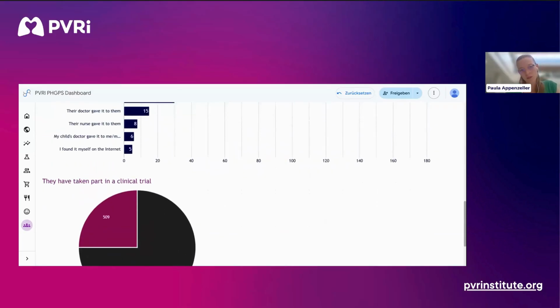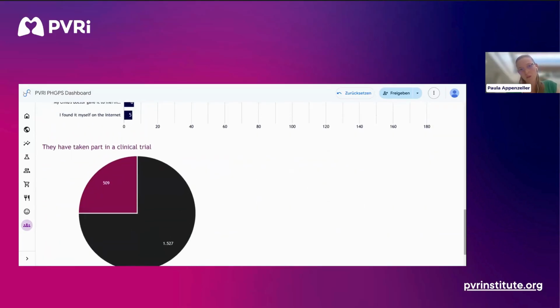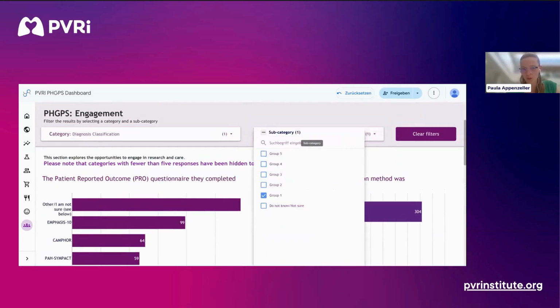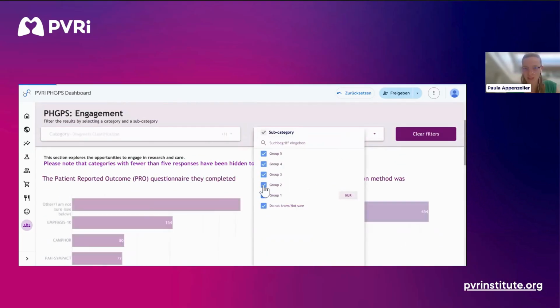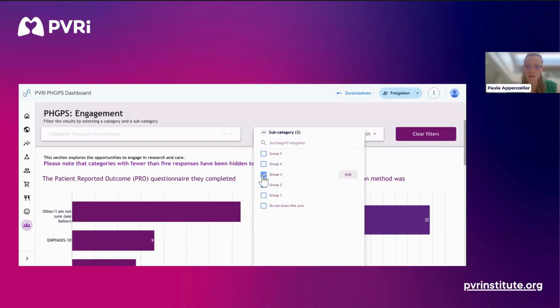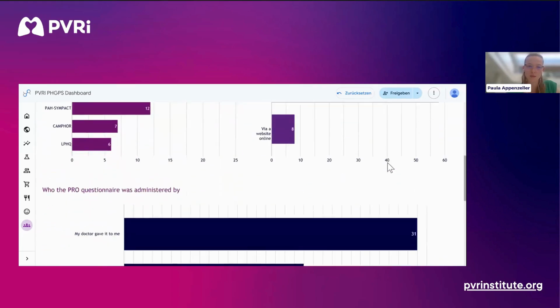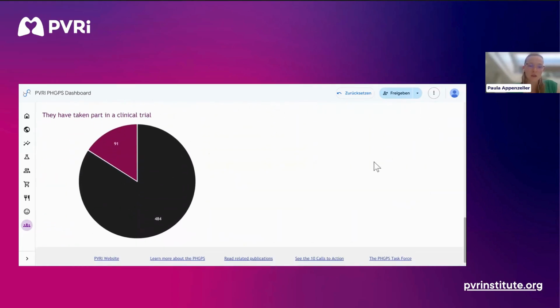But if we switch to group 2 and 3, which we know is less represented, we can go to group 2 and 3, scroll back down. So we can see that this percentage has dropped down to 16%.